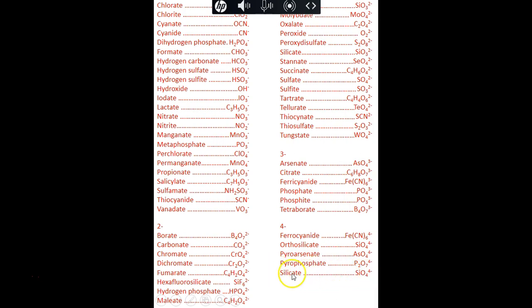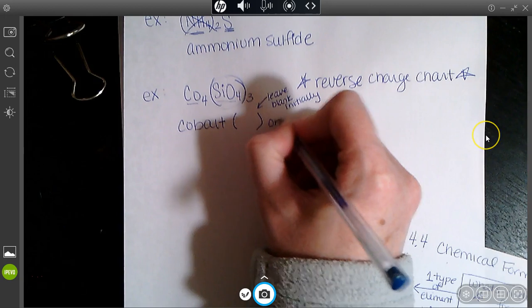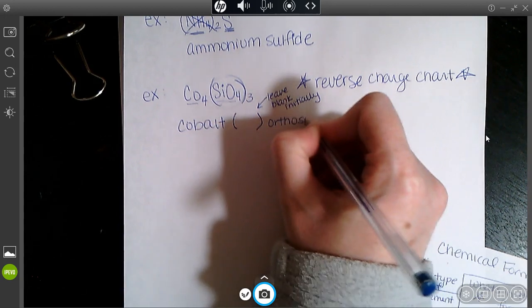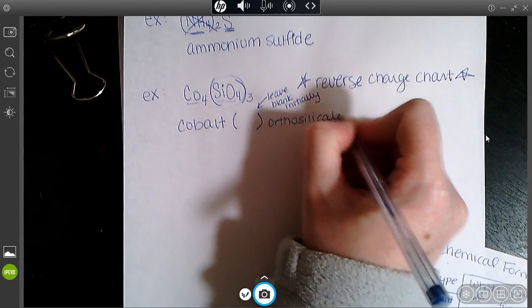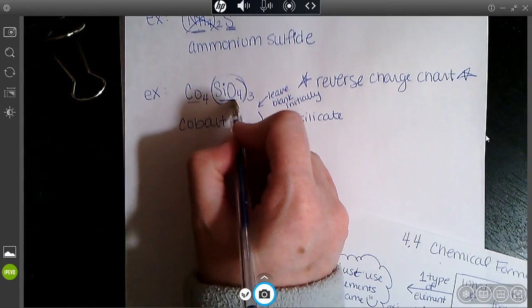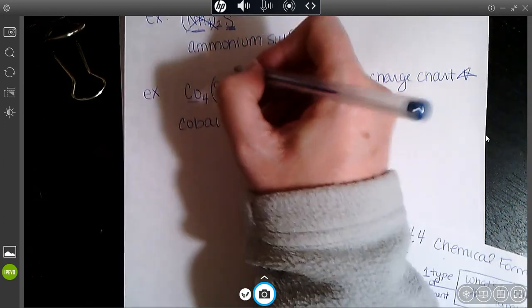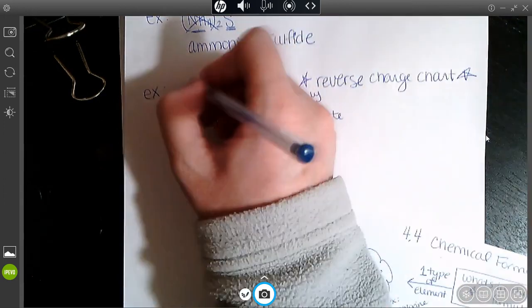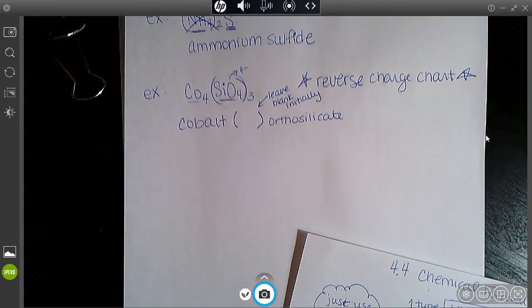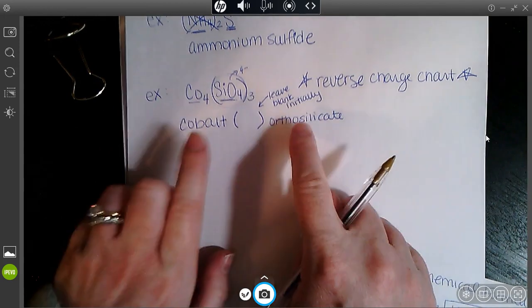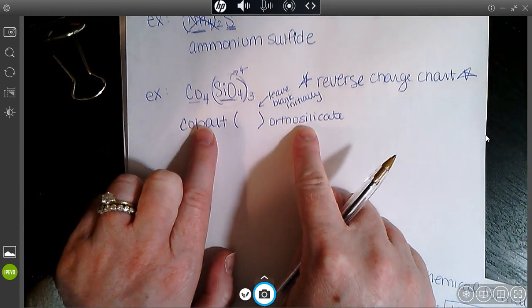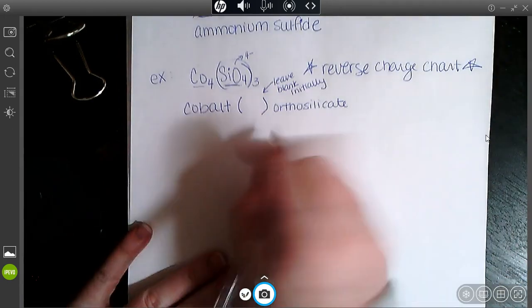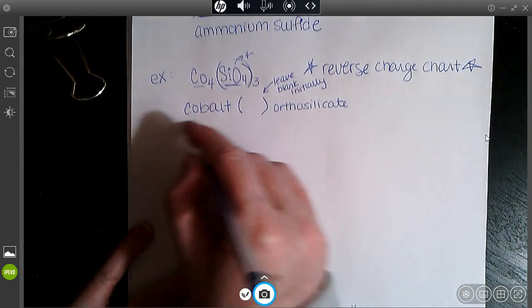It's there, but nobody really uses that name, so we're going to use orthosilicate. So that's named this part. And this had a 4- charge on it. And we don't know what charge this cobalt had, okay? So we've named these two parts. Now we need to do our reverse charge chart. So we know that this is our name, so we're going to do our chart.